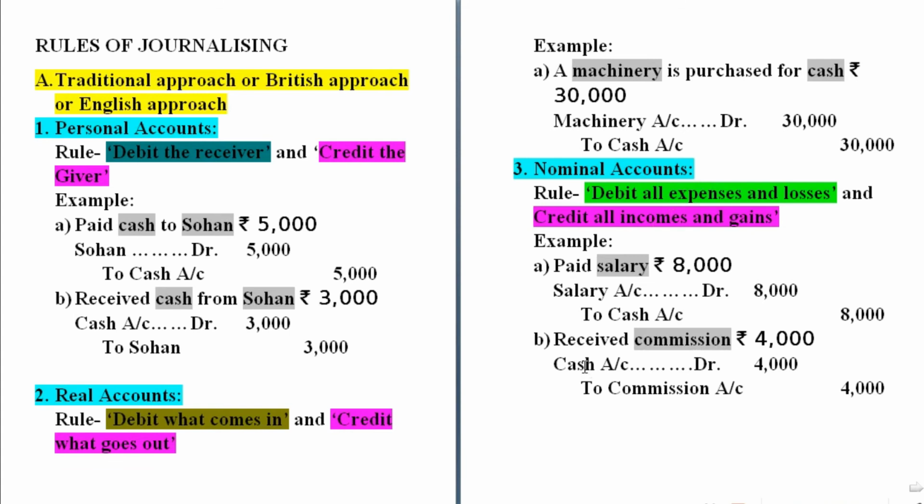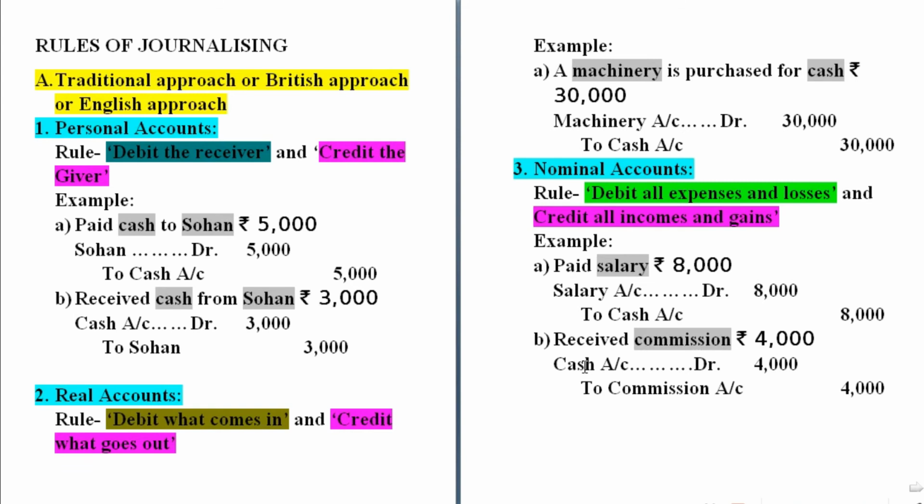We are receiving in the form of cash. So when there is no other word written, we will assume that we are receiving this income in cash. So students, if a question is written like paid salary, received commission, paid rent, received bonus, and there is no word cash, automatically you assume that the other account affected is cash. But if the word cheque is written, then in place of cash we will write bank.